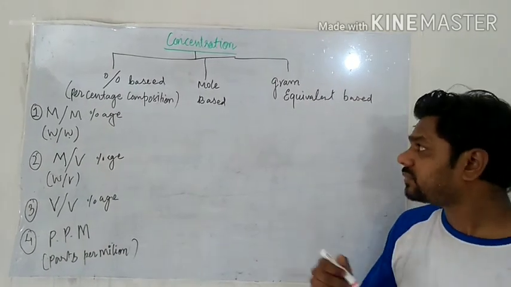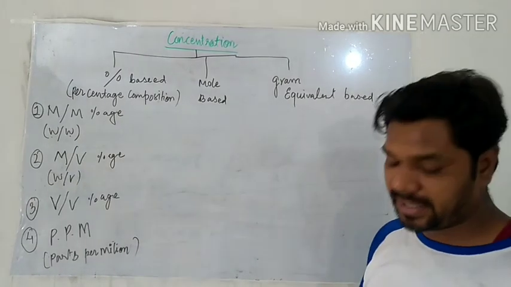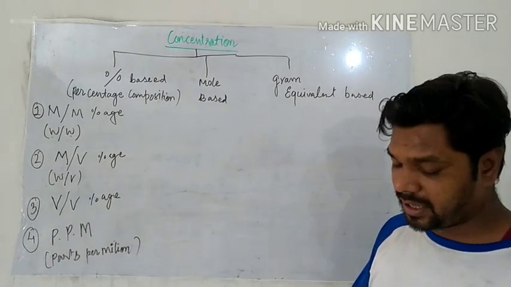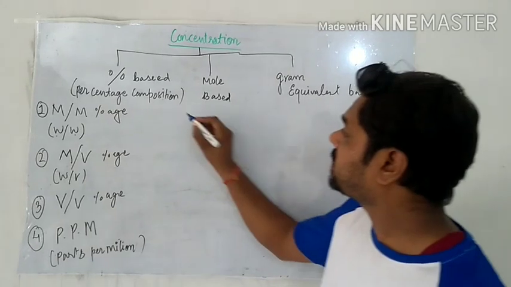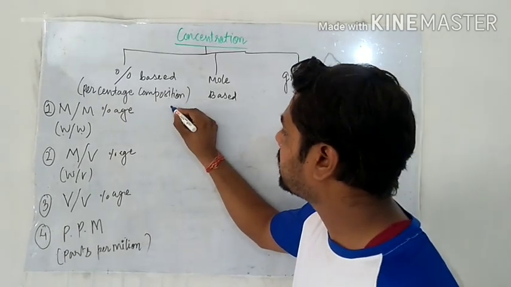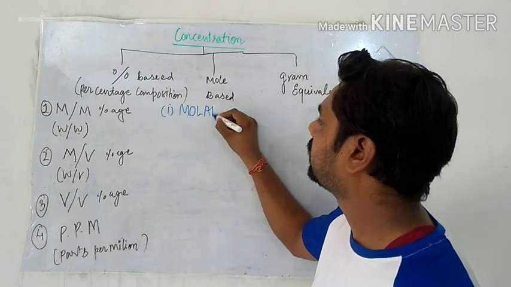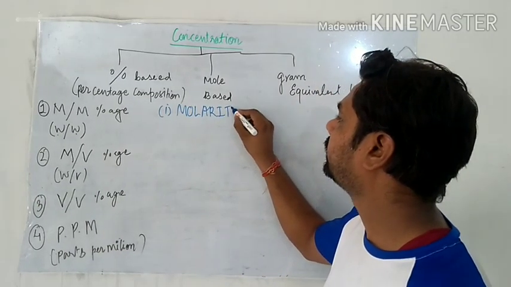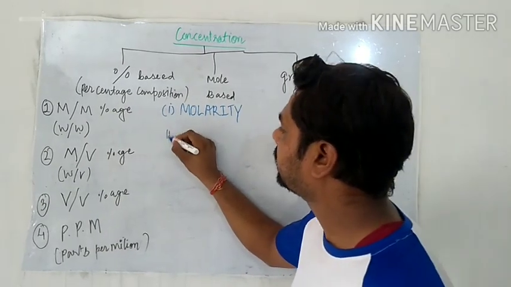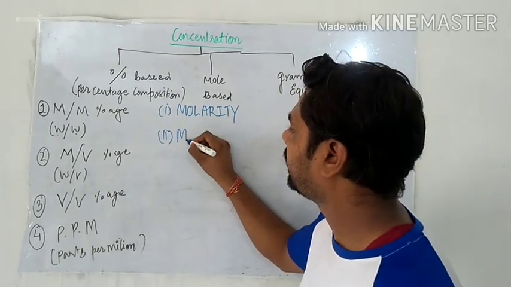In the mole based concentration, there are different types. First is molarity. Second is called molality.